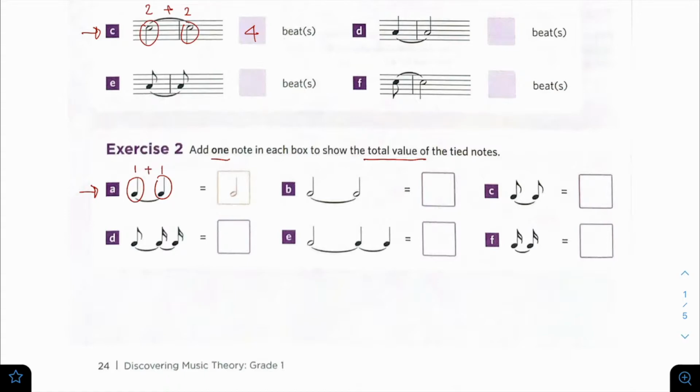So 1 plus 1 equals 2. If we need to represent 2 with one note, it will be a minim. Question B, we have a minim, which is 2 counts, plus another minim, which is another 2 counts. 2 plus 2 equals 4. We can use a semibreve to represent the 4 counts.